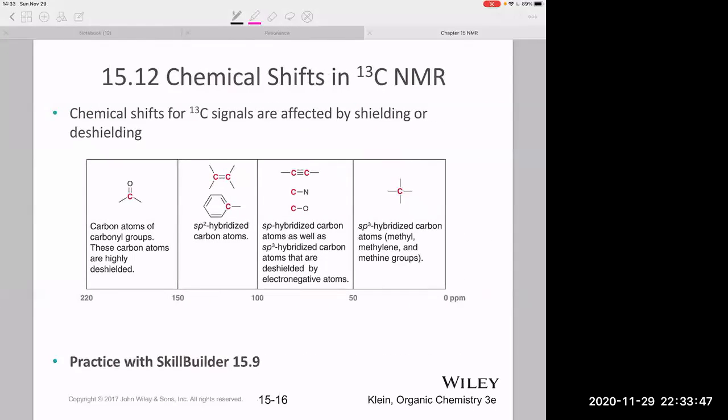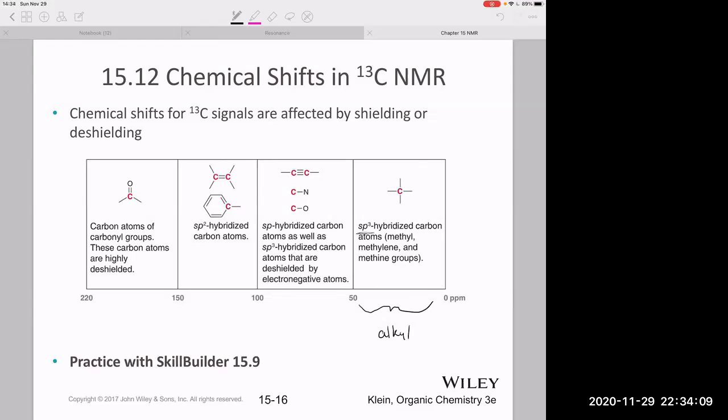So now, where in the spectrum they lie, again, kind of similar to IR, where in your NMR spectrum you see a peak tells you a little bit about the environment of that carbon, okay? This portion, we're going to call the alkyl portion. These are all your sp3 hybridized carbons.